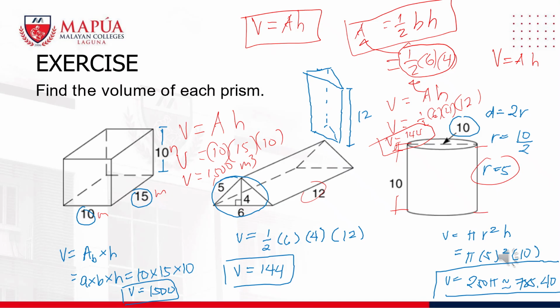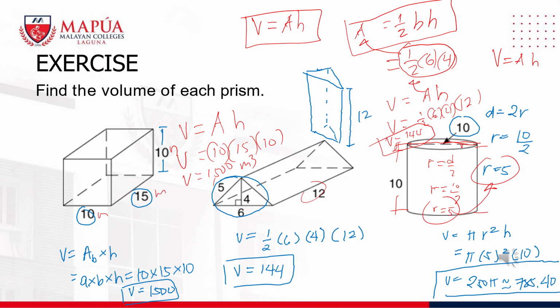And the radius here, given, this is not the radius, the radius is here. But the diameter is 10. We know that radius is equal to d over 2. So the diameter is 10, divide by 2, so the radius is equal to 5.